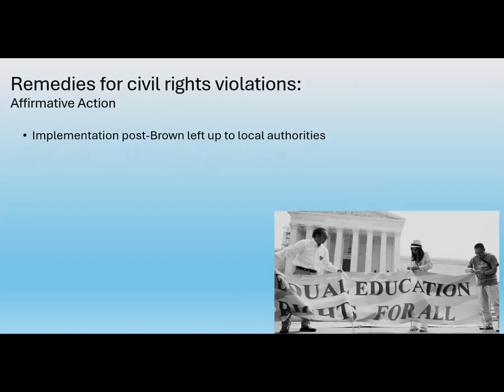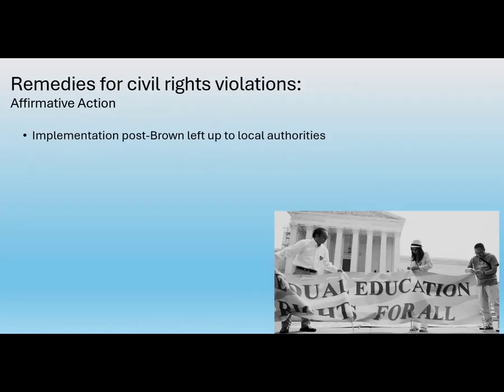Well, those local authorities dragged their feet, which resulted in additional decades of segregated schools. But ultimately, we saw legislative efforts to rectify past segregation in the form of busing, rezoning, school choice, and magnet programs. So we started seeing those things happen in the 1980s, and affirmative action was among those efforts.